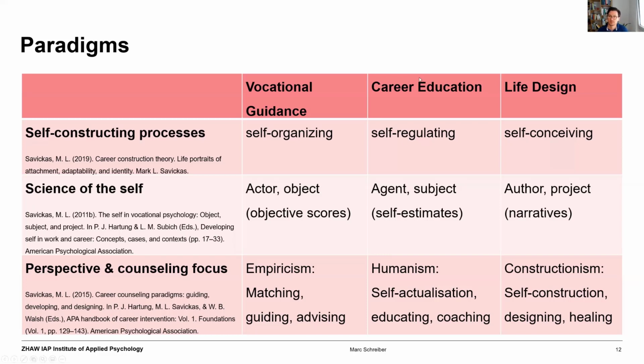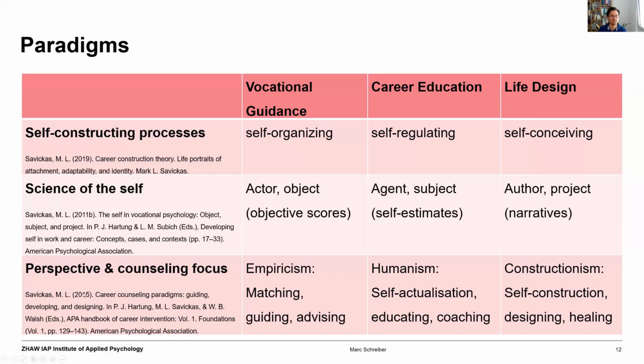Whereas the career education paradigm is about self-estimates, and here it's an agent, so clients know what they want, they know where they want to go, and clients are considered as a subject themselves. And if you go to the life design paradigm, here clients are considered as authors of their own story. So here it's about projects and it's about narratives.